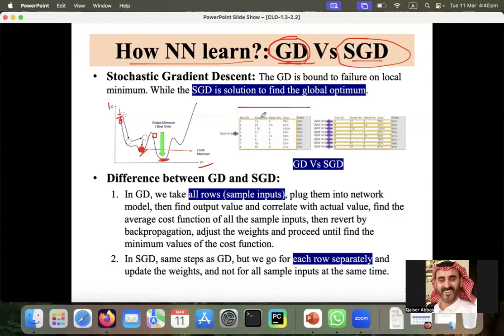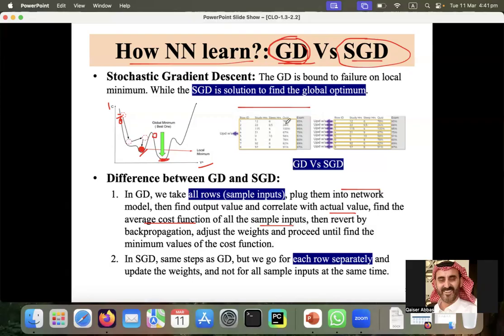Gradient descent will consider all the rows at once. It will plug all that data into the network, and then the output will be created, and the difference with respect to the actual value will be calculated. If you are using gradient descent, it will calculate the average cost of all the inputs.